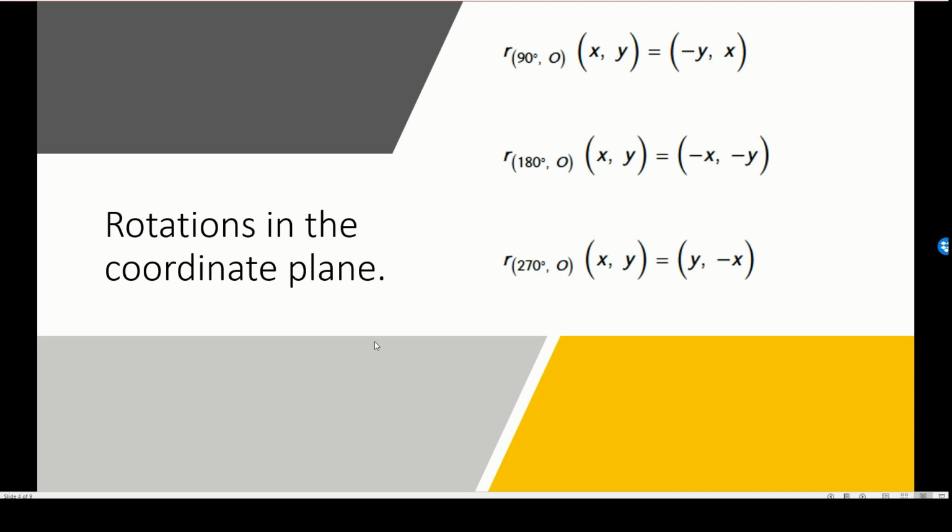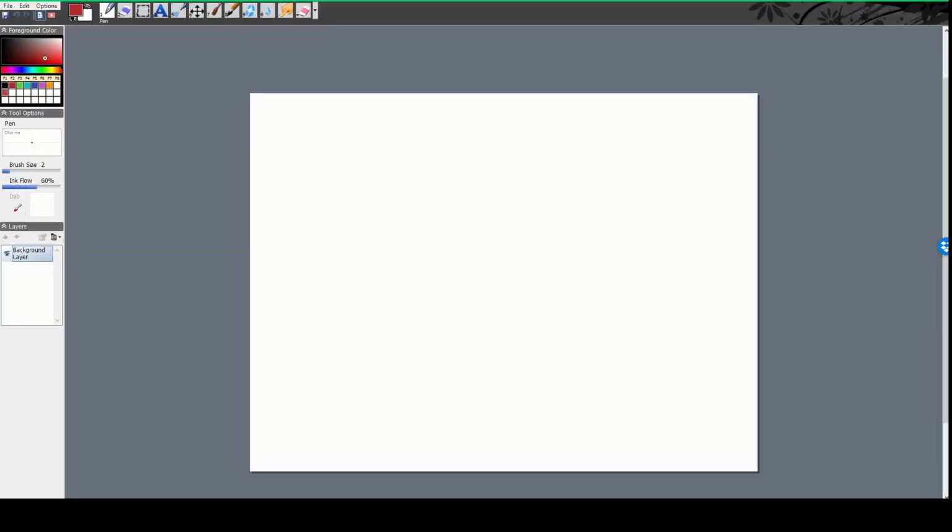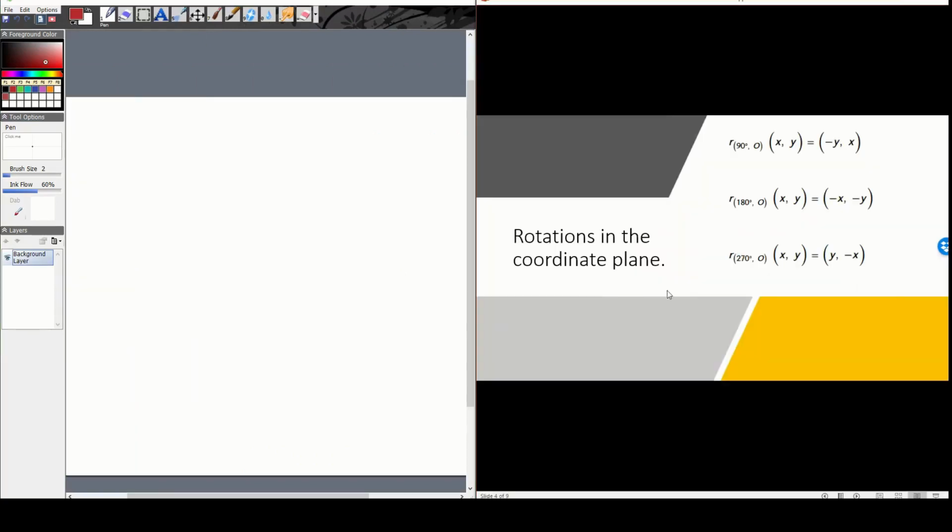So now let's look at these. We have the rotation of 90 degrees about the point O, the rotation of 180 degrees about the point O, and the rotation of 270 degrees about the point O. So what I'm going to do, I'm going to split screen this. All right. So here's my point O, and I am going to take XY, and let's say that XY, or my point A, is at, what's a reasonable thing there? 1, 2, 3.